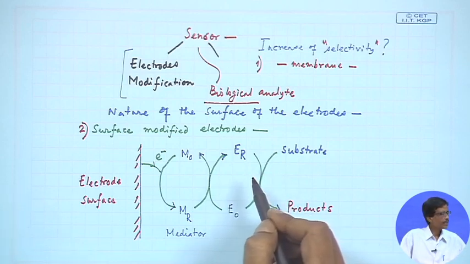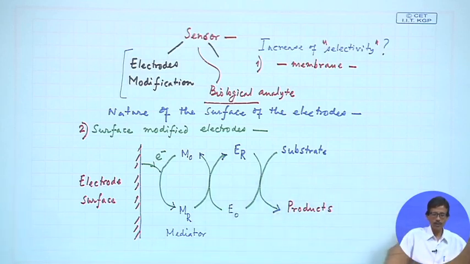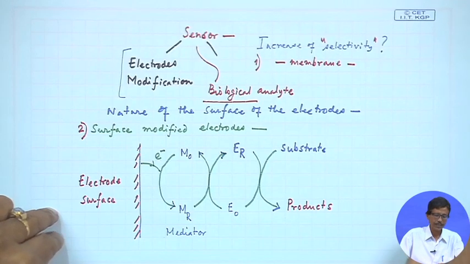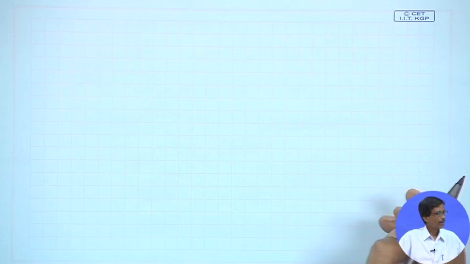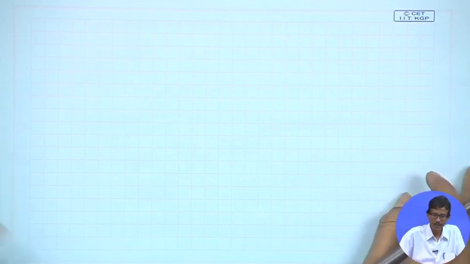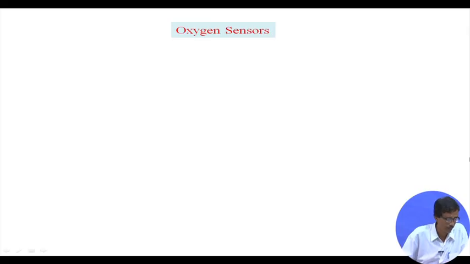So, these mediators are very common for the development of all these types of sensors. Particularly we will be discussing two sensors in our next class. One is your oxygen sensor, another is the glucose sensor.